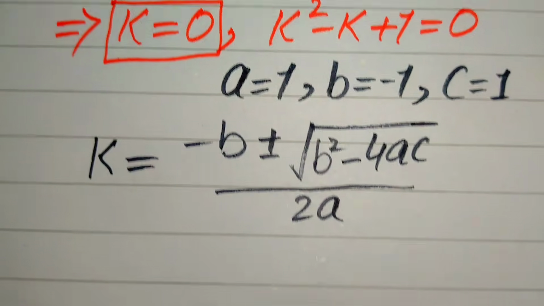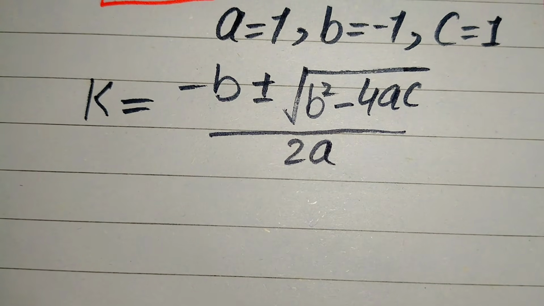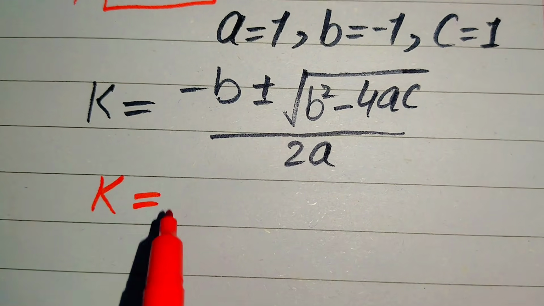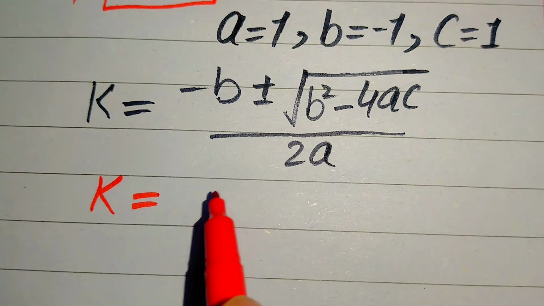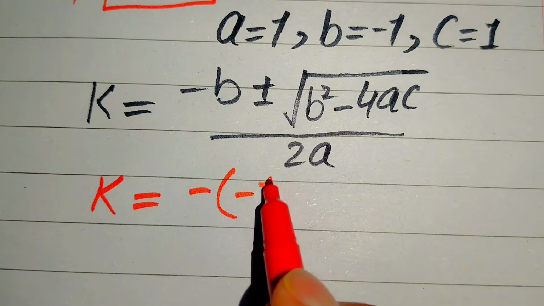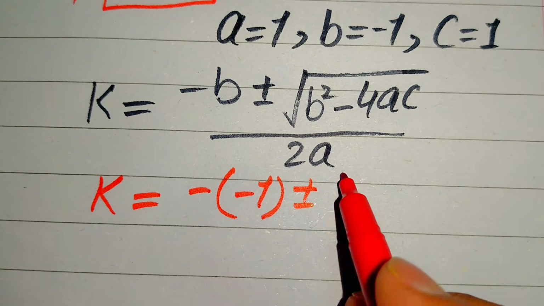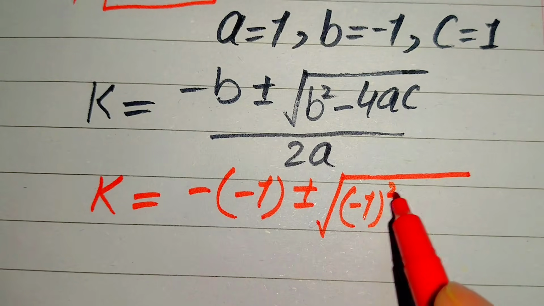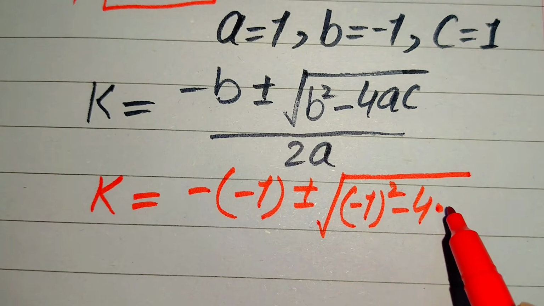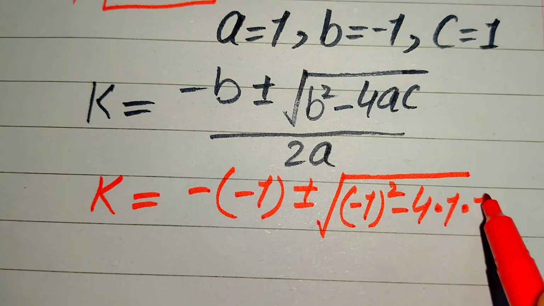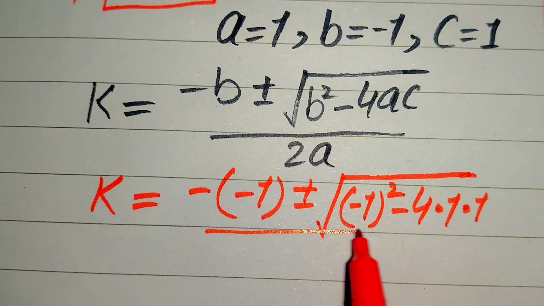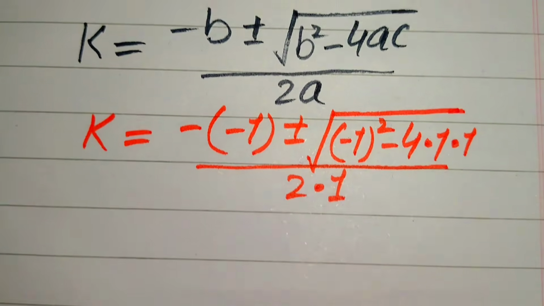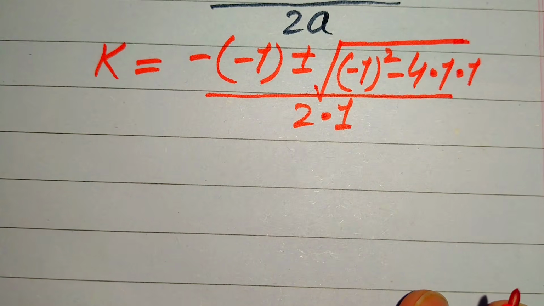So this is our quadratic formula, and here we substitute all the values of a, b and c, and this will be written as k is equal to minus b, the value of b is minus 1, plus or minus the square root of b square, so minus 1 square, minus 4 times a which is 1 and c which is 1, and it is divided by 2 times a, and here our a is also equal to 1.